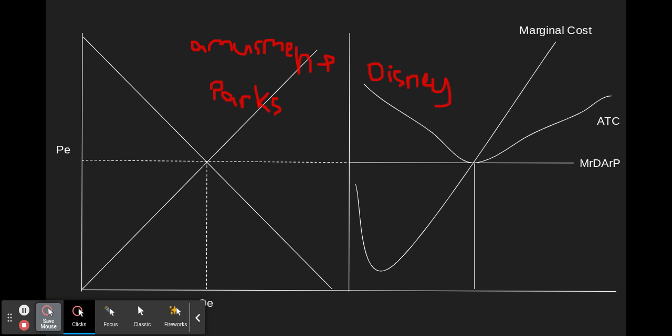In this case, they would hope that other firms would leave, or the government would subsidize per unit so that they would make a profit. The total revenue is this whole box here. The total cost is also this whole box here. They are making no profit, nor are they losing money.